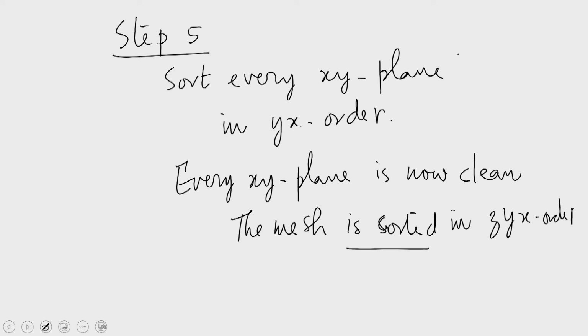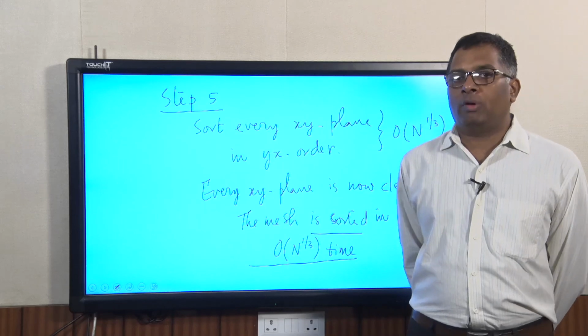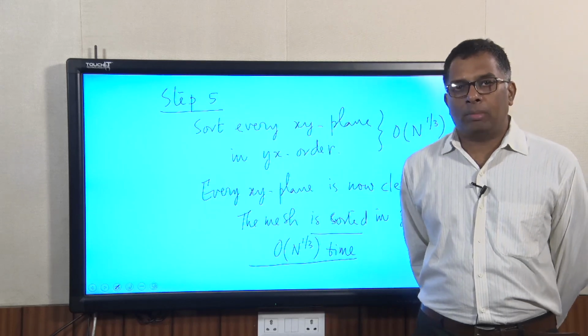So this also will take order of n power 1 by 3 time. Therefore, on the whole, this algorithm runs in order of n power 1 by 3 time. Which means n items can be sorted in order of n power 1 by 3 time on a 3-dimensional mesh.